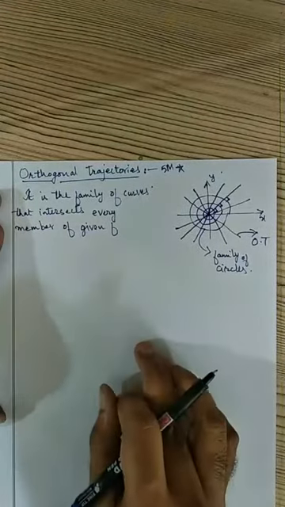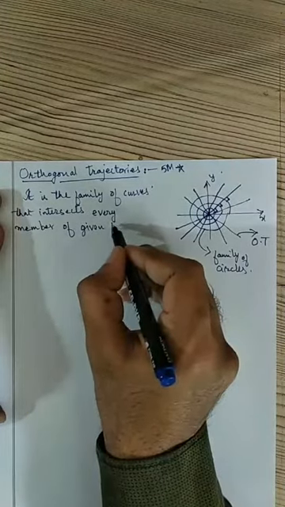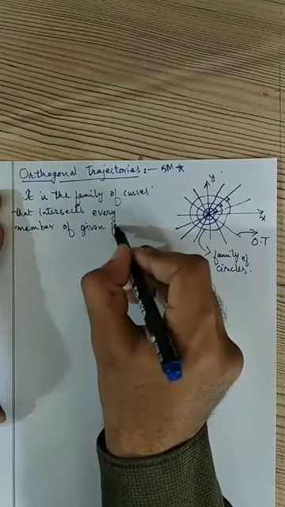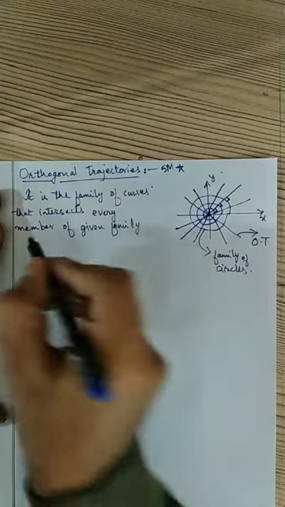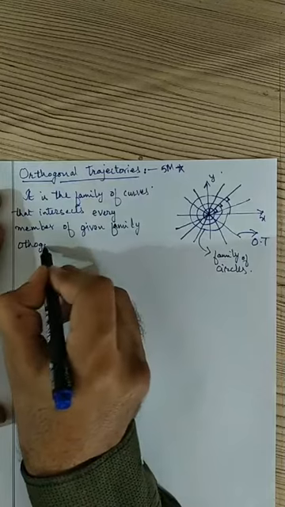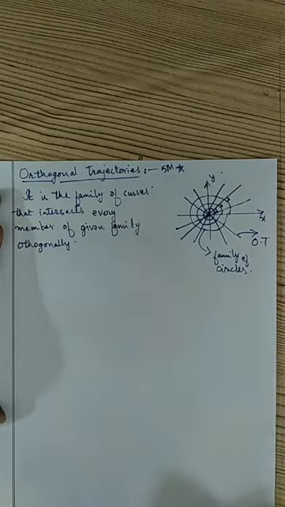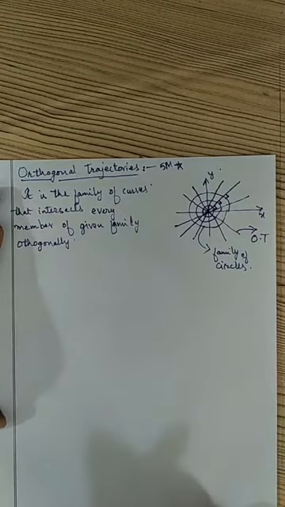In general, I am writing the definition. How should it intersect? Orthogonally. Right? This is the definition. The meaning of orthogonal trajectories is the family of curves which intersects every member of the given family orthogonally. Right? Now how to find this?